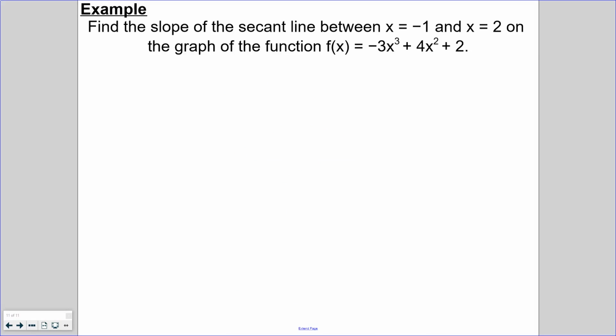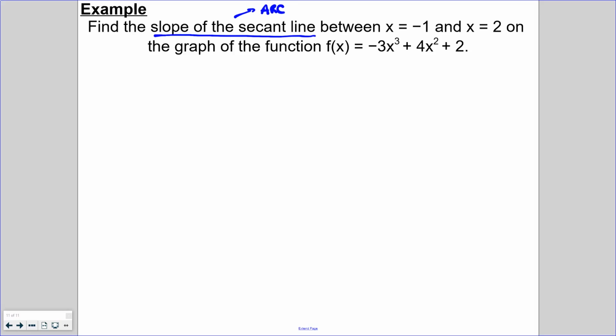All right, then finally, we're going to be doing the same thing, except the wording here is a little bit different, so I just wanted to quickly review that. Here we're not being asked to find the average rate of change explicitly. Here we're being asked to find the slope of the secant line between two values, which, if we remember correctly, is the same thing as finding the average rate of change.